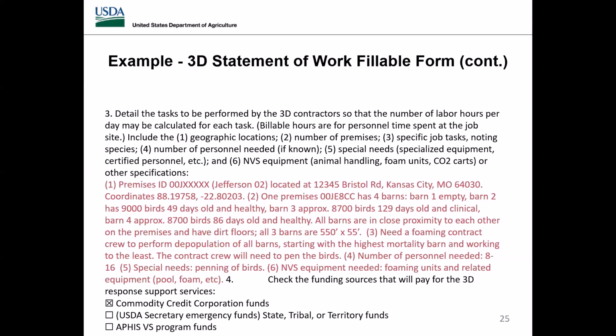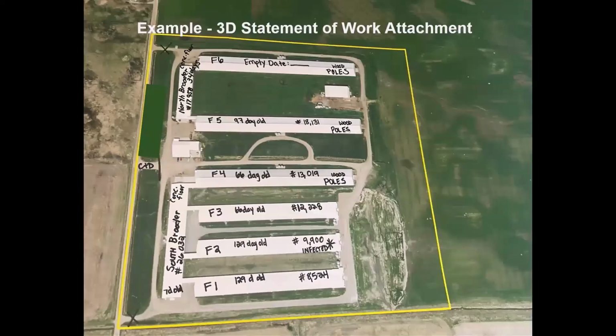Now, I'm going to show you a couple of examples in the upcoming slides. What's really nice is to attach to the SOW fillable form a sketch or an overhead view. And in this case, we've got an overhead view here. And the requester used Google Maps here.